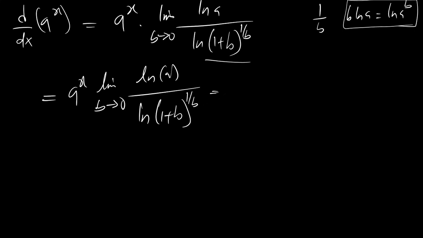Now this is b, this is a, so this limit does not affect this ln a. It only affects this one here.